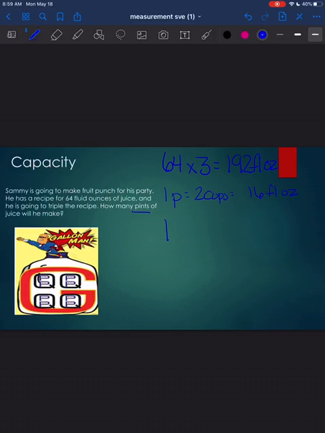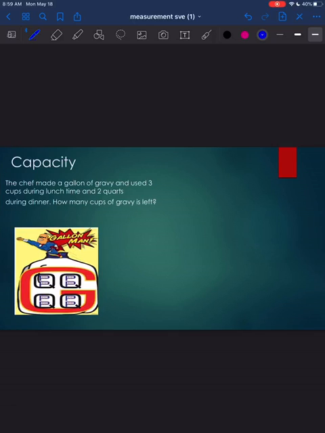I'm going to take the 192 fluid ounces that I have and divide it by the 16 fluid ounces that is needed to make a pint. And I find that that is 12 pints of juice. Okay?